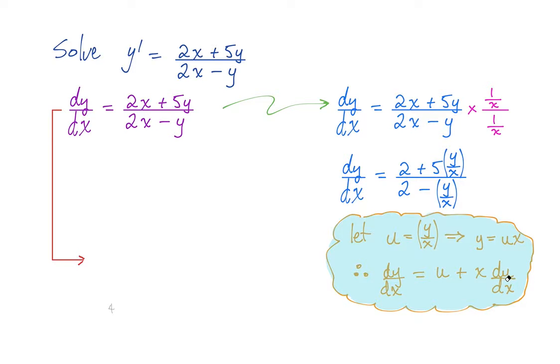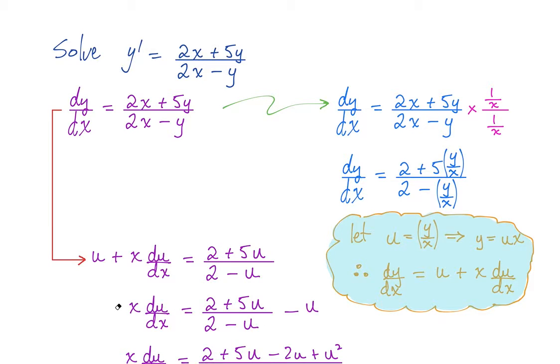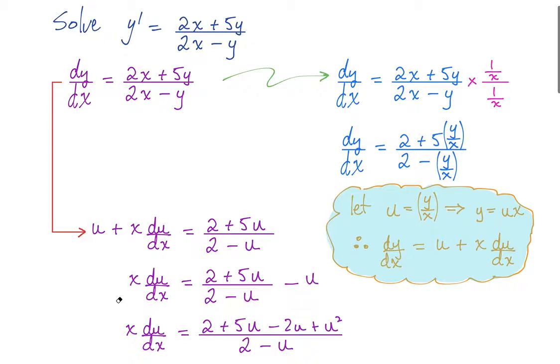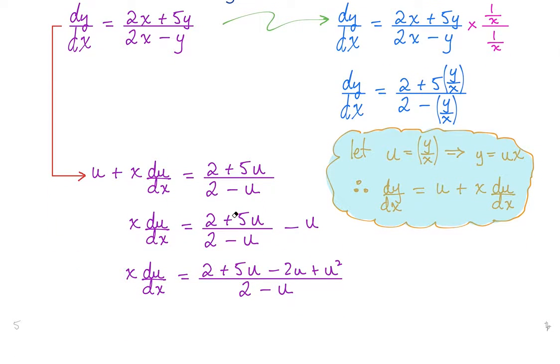So we will replace every y over x in here with a u, and the left side dy/dx with this expression. And we end up with the following situation, where we have u plus x du/dx equals (2 plus 5u) over (2 minus u).